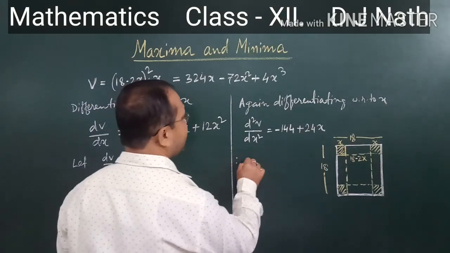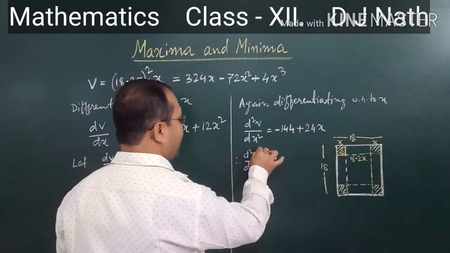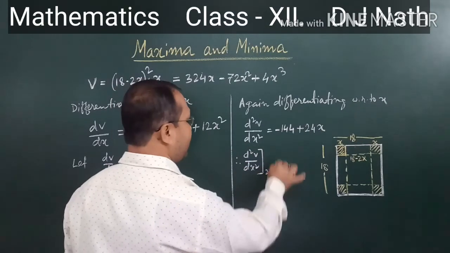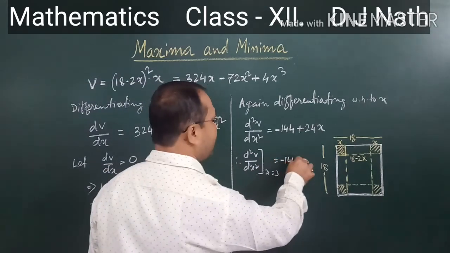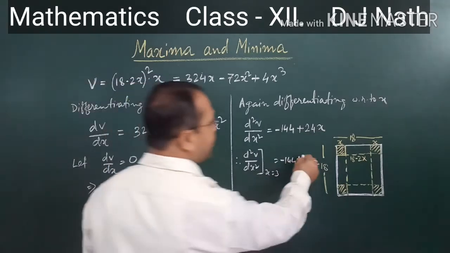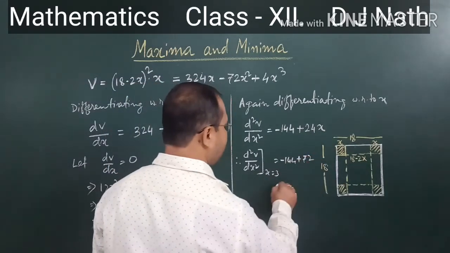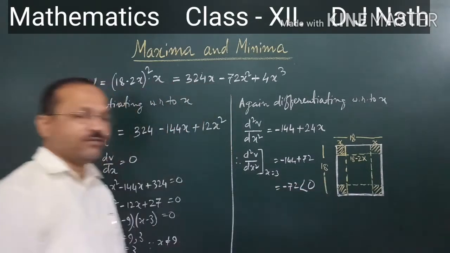Therefore d square V by dx square at x is equal to 3: it is minus 144 plus 24 into 3, 24 times 3 is 72, which is minus 72, which is less than 0.